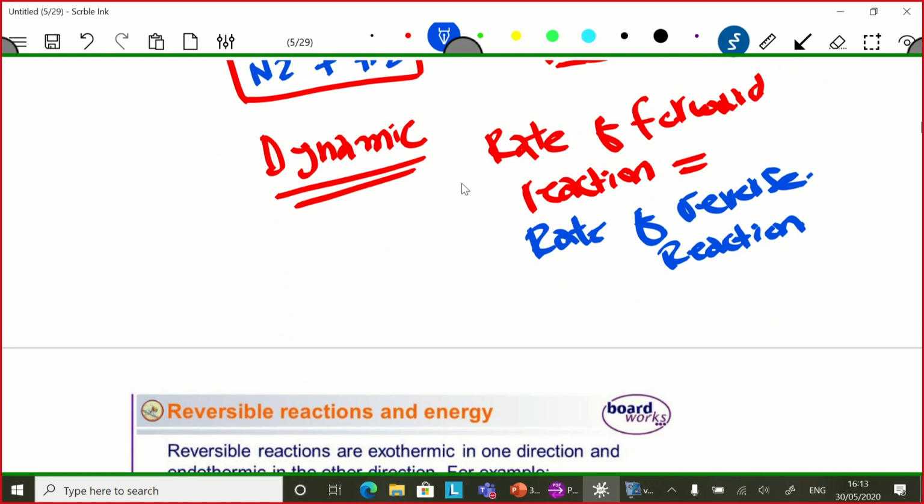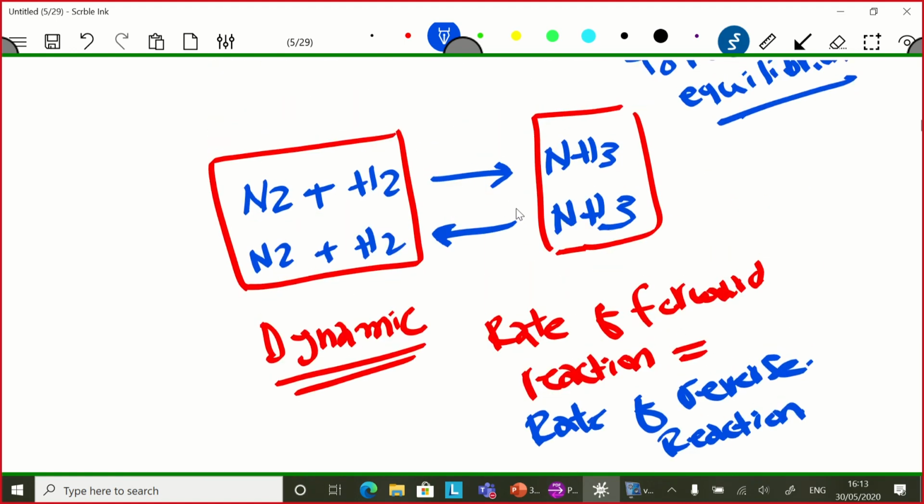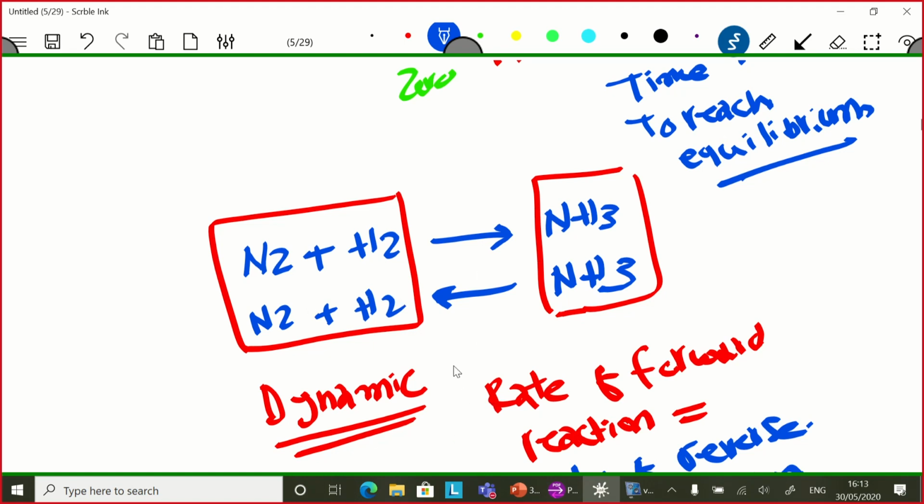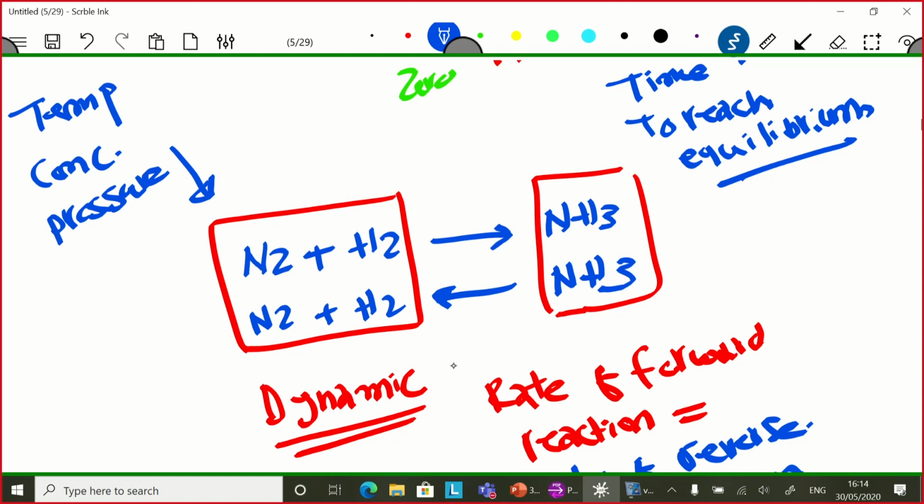So I have a system now, and this system is at equilibrium. What happens if I vary the conditions? What conditions are going to affect this equilibrium now? Temperature is going to affect the equilibrium. The concentration of the reactant and product are going to affect the equilibrium, and the pressure as well is going to affect my equilibrium.